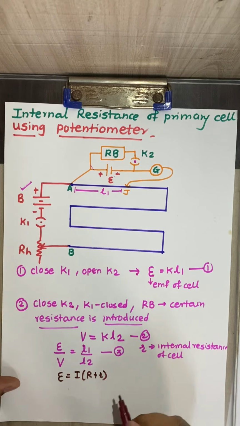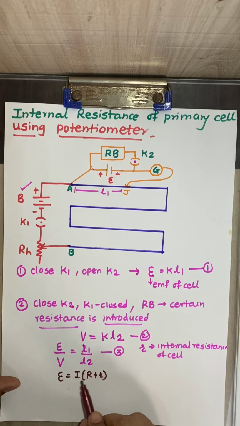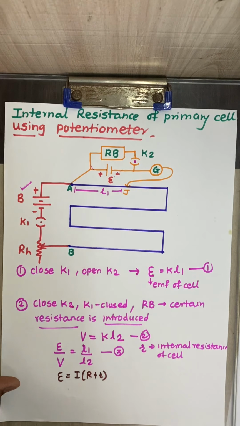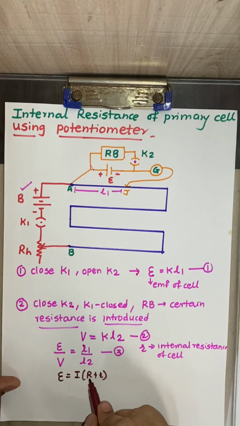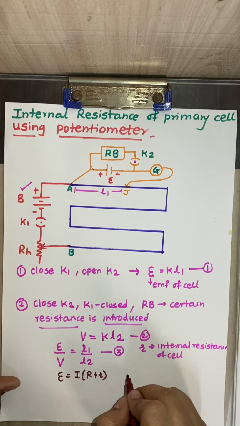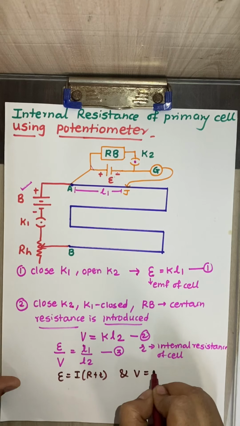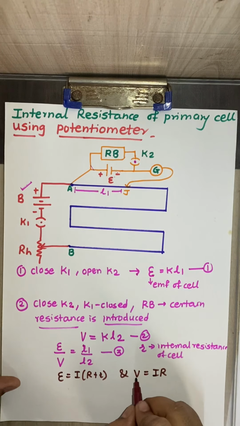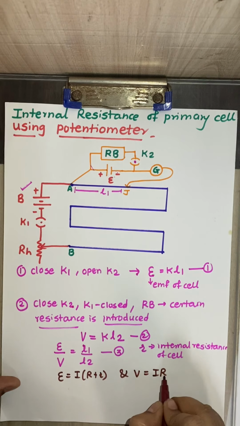If you remember, this is the relation between the EMF, the external resistance and the internal resistance. And we can have another expression, V is equal to IR. This is the potential drop across a resistance R when the current I flows.